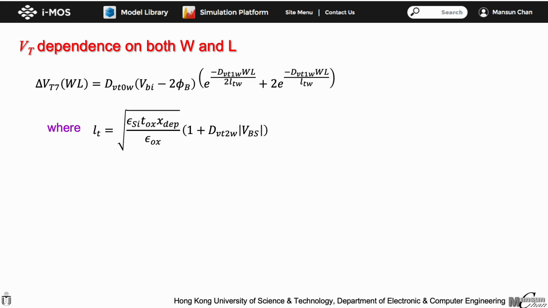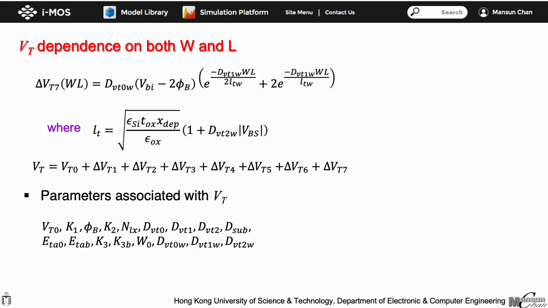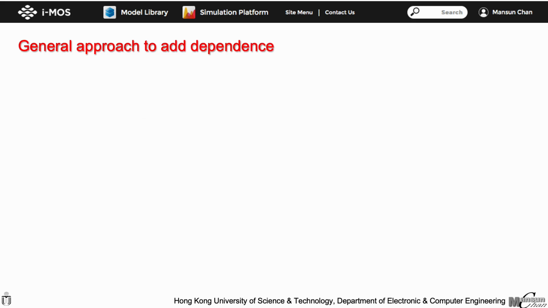To account for this correlation, a delta VT7 as a function of the product of W and L is introduced with the expression given here. This delta VT7 is added to the VT expression as well. And the number of parameters is also increased by 3. The process can continue to add other effects of other parameters to VT, such as temperature.